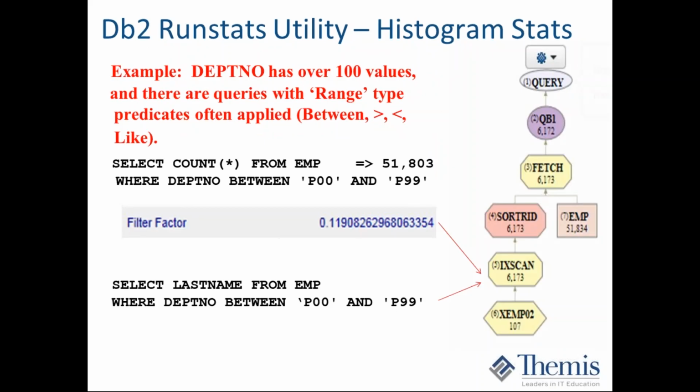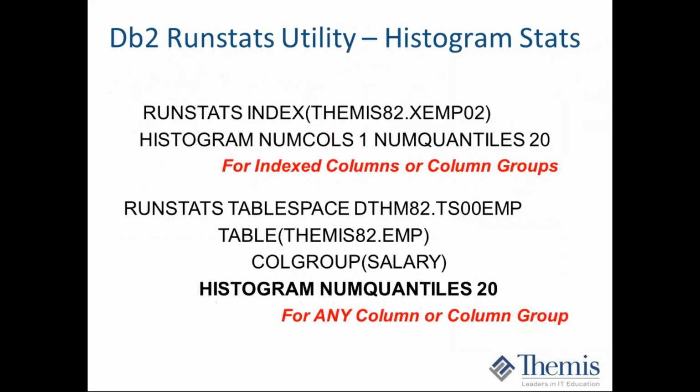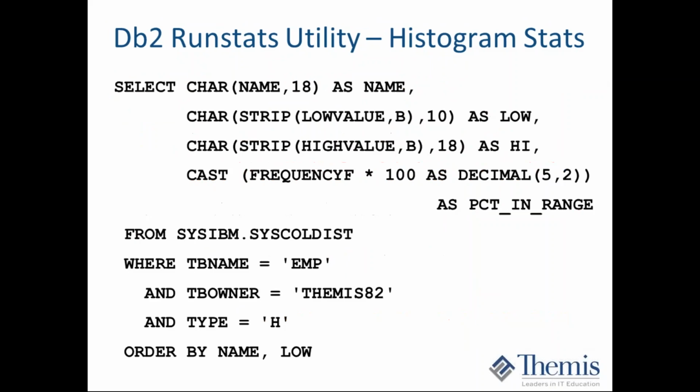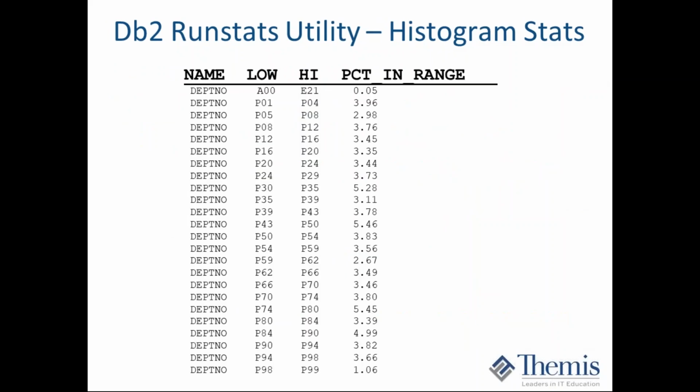Histogram statistics are the same way. Sometimes we may have thousands of values for a column in a table, but there might be some hotspots. So I'm going to roll through here. Histogram statistics are just another special kind of statistic. When they run those, they give us ranges and what percentage of data in the table has those ranges.